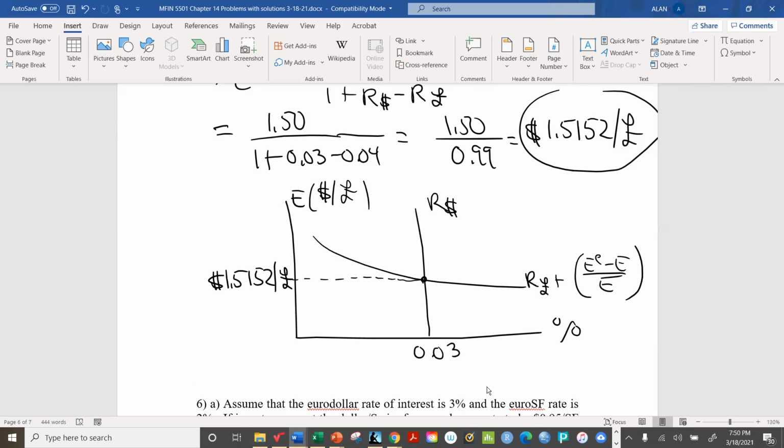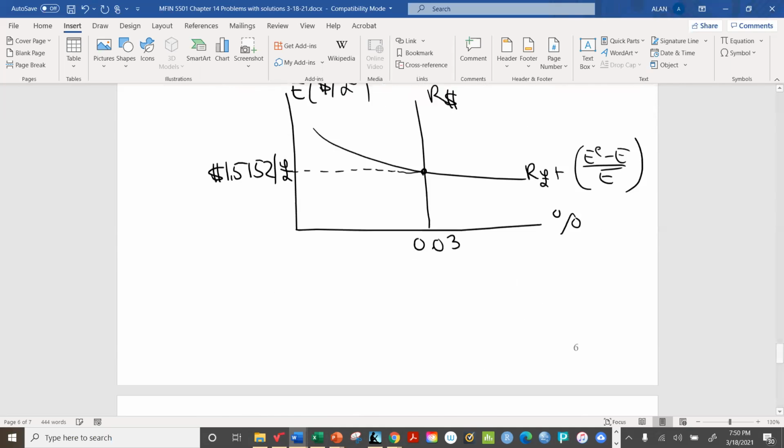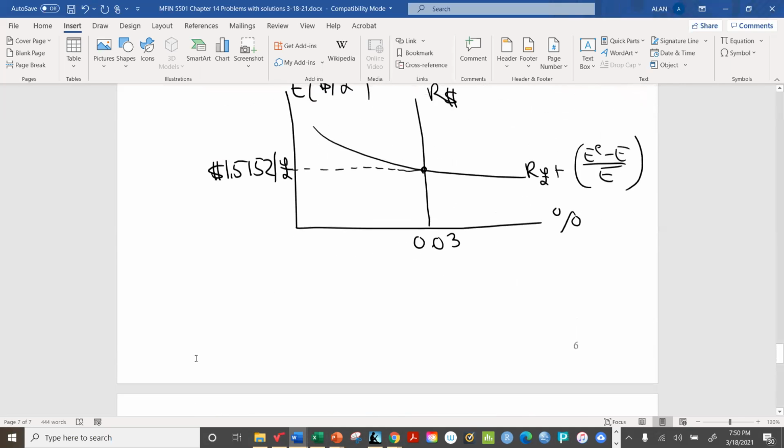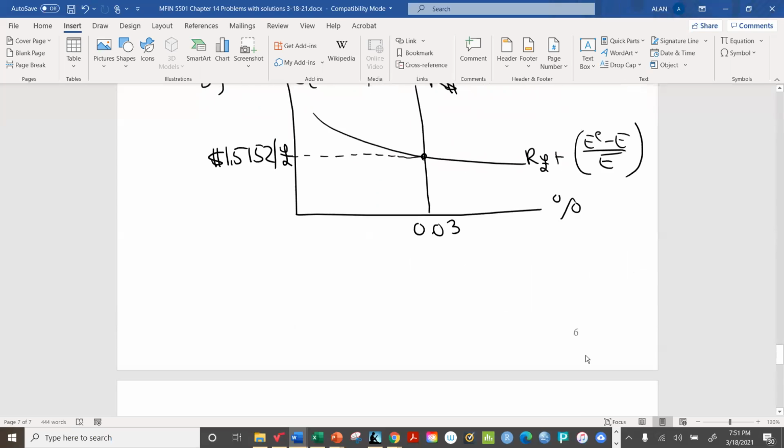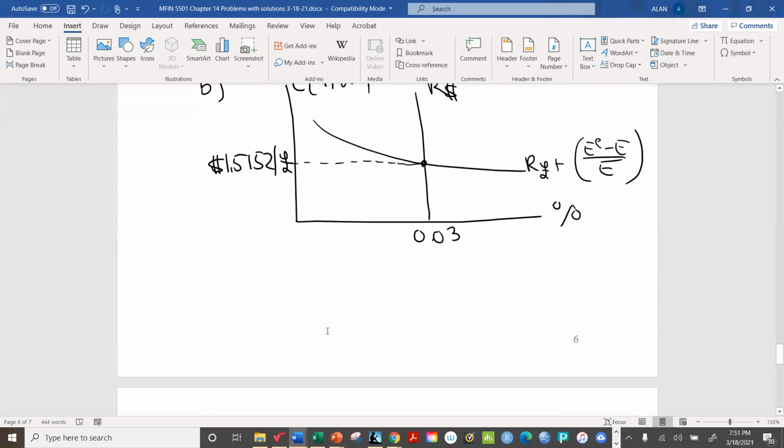And that's all they needed us to do. Now, part C, we're going to be asked to recalculate this based on the assumption that the euro sterling rate rises to 5%. Okay, so this is part B. Part C asks us to think about what happens if the euro sterling rate of interest goes up to 5%.